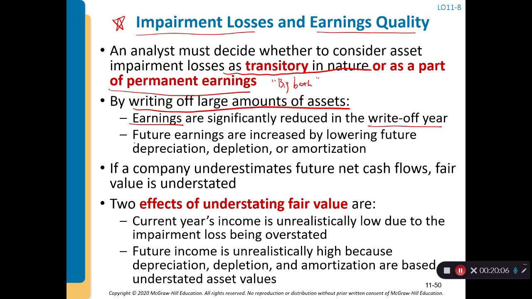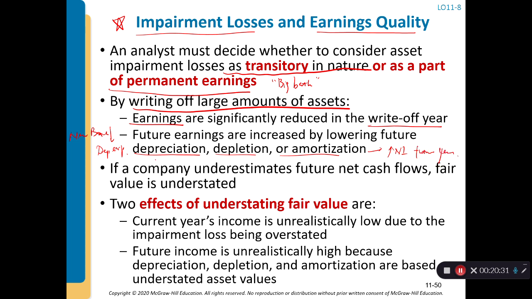However, due to the write-off, the new base of the asset will be so low that future depreciation expenses, depletion, and amortization will be very low. Hence, you can boost net income in the future years.